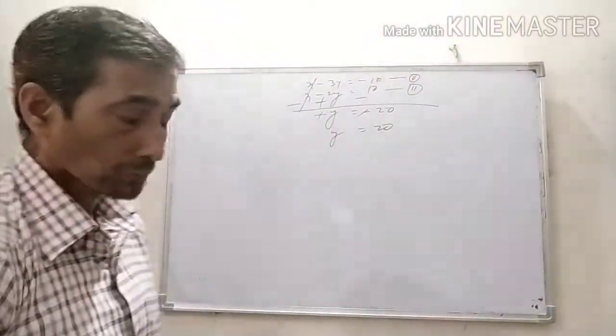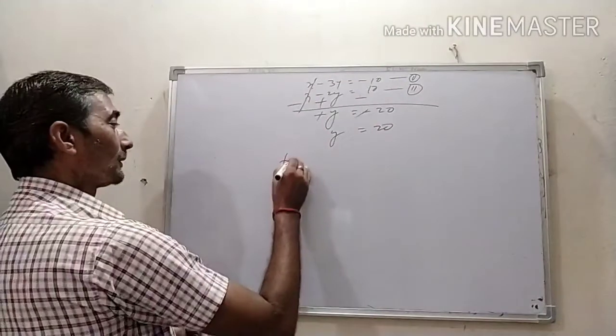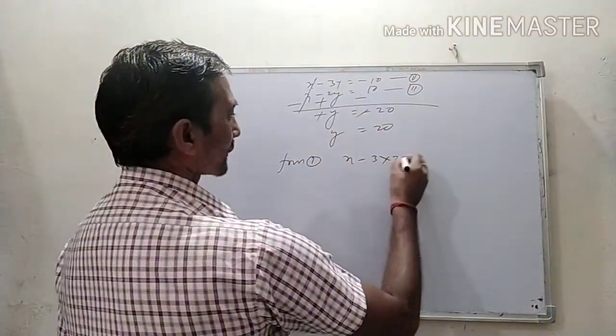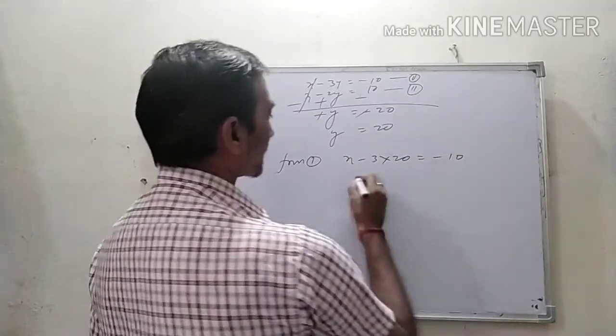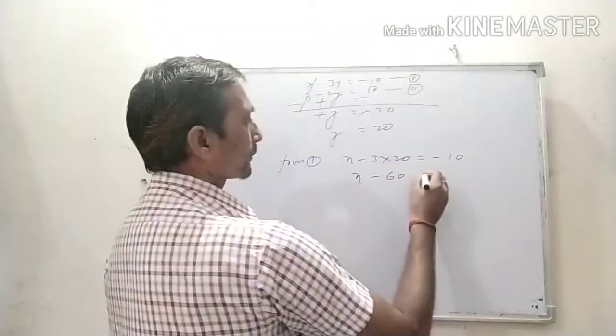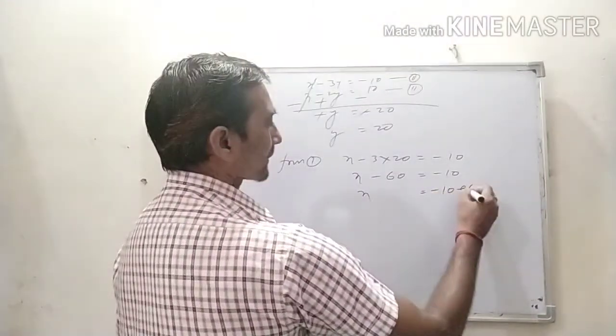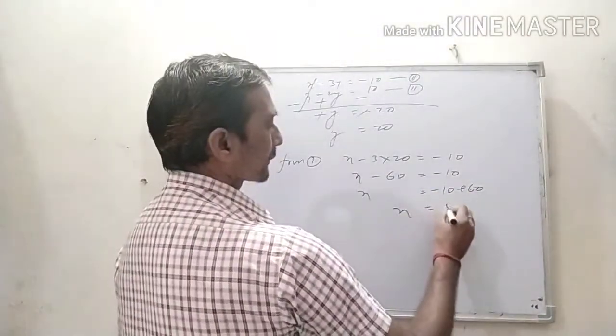If Y is equal to 20, then from the first, X minus 3 into 20 equals minus 10, X minus 60 equals minus 10, X equals minus 10 plus 60, so X is equal to 50.